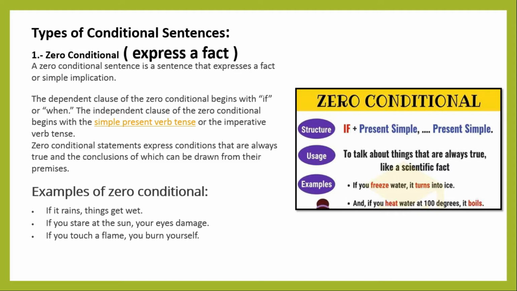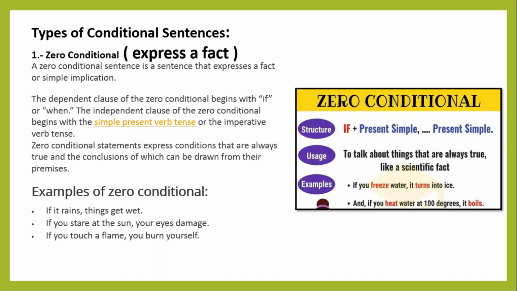If you start with the result clause at the beginning, the comma is not necessary because if is going to be in the middle of the sentence. Look at this: it turns into ice if you freeze water. So when I use the result clause at the beginning, if is in the middle of the sentence and a comma is not necessary.